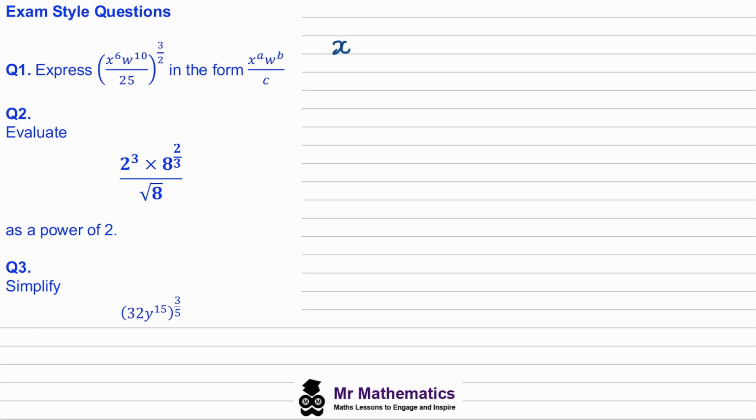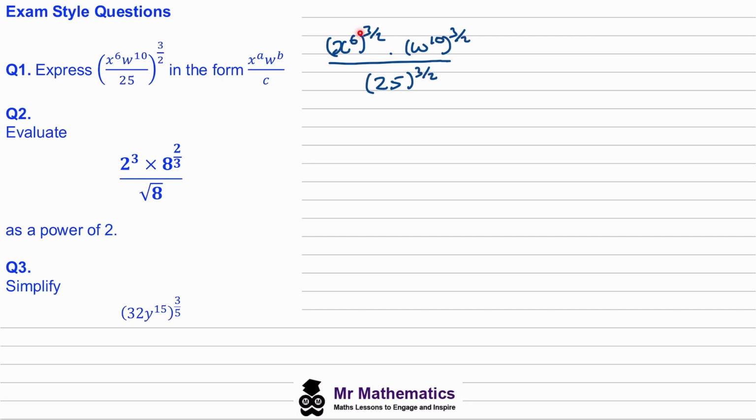So we'll have x to the 6 to the 3 over 2 multiplied by w to the 10 to the same power, divided by 25 to the 3 over 2. We can apply the power rule with each of these.